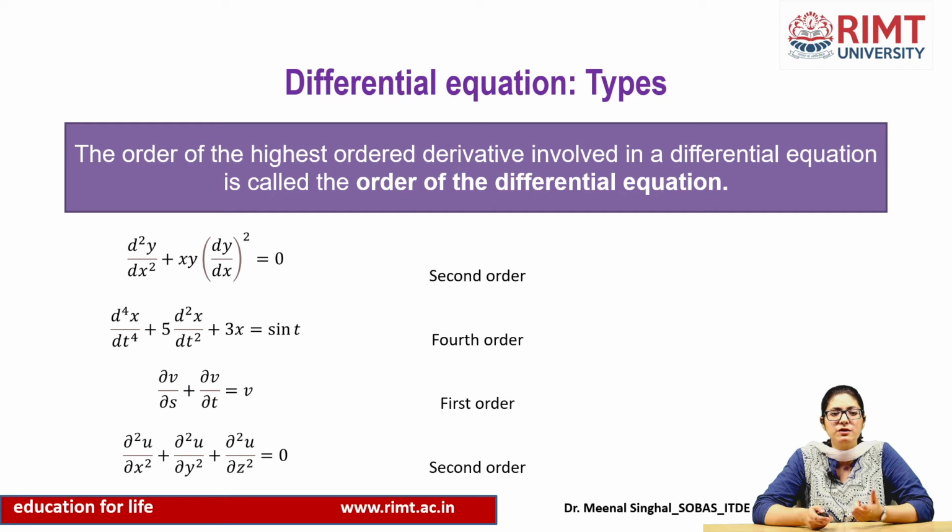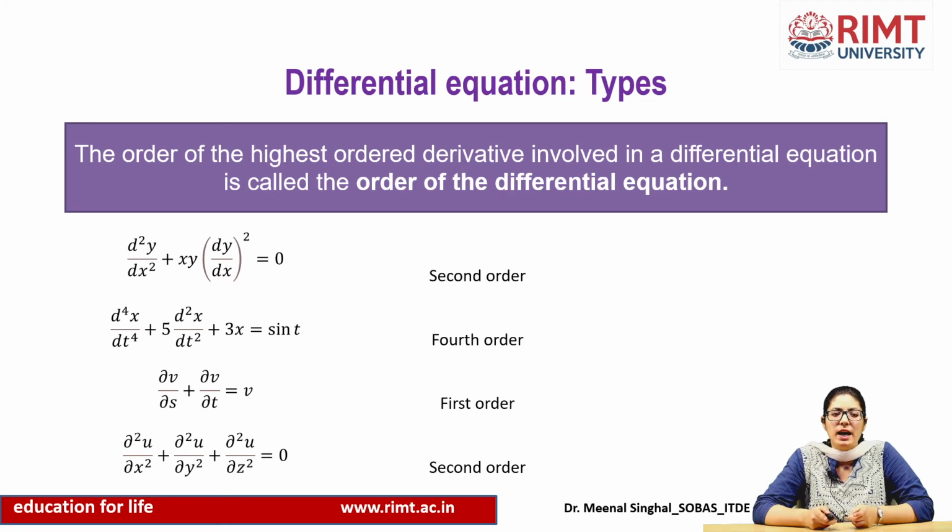So, here in the first equation you see this is of second order. Why? Because the highest order derivative is of order 2, right. We have a second order derivative present in this differential equation. In the second equation, the highest order derivative is the fourth order derivative, so in this case the differential equation is of the fourth order.